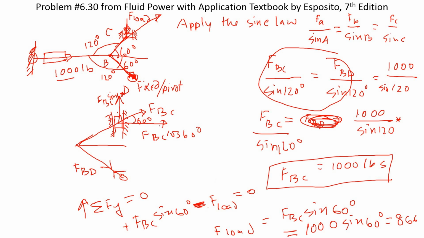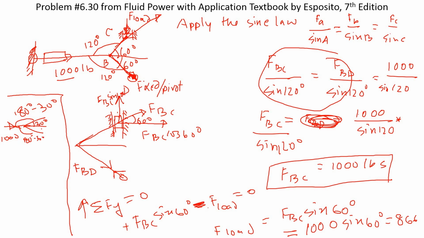Now, if this angle changes, then the sine law results will change and everything else is going to change. Let's assume this angle becomes 30 degrees instead of 60 degrees. So you have this 1,000 pounds here. Now this angle would be 180 degrees minus 30 degrees, and this angle will also be 180 minus 30 degrees.